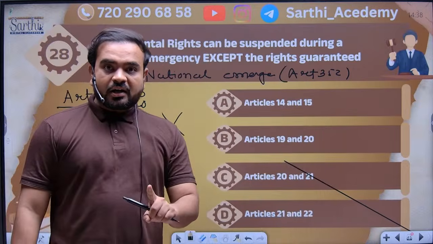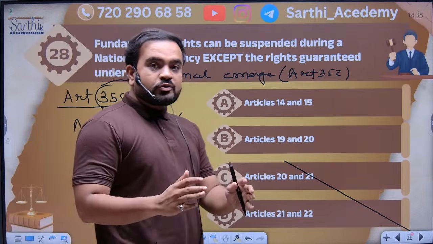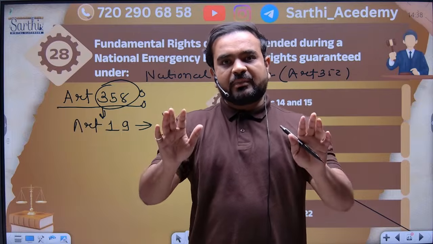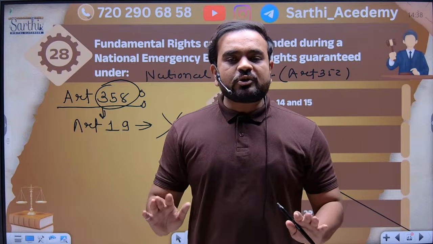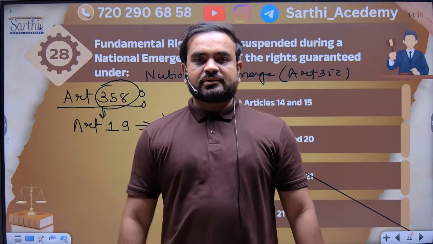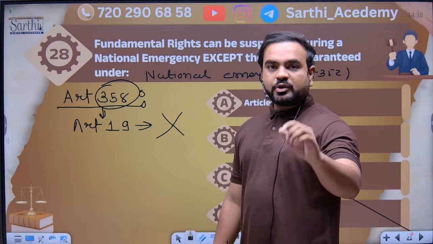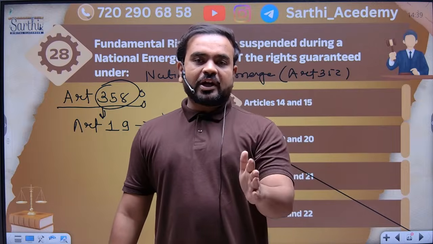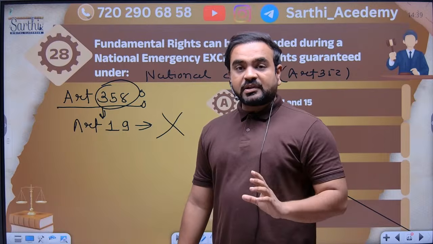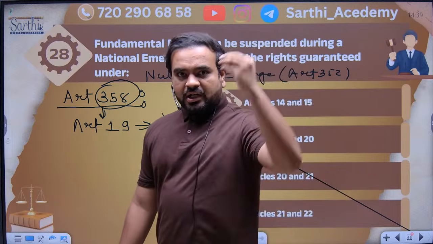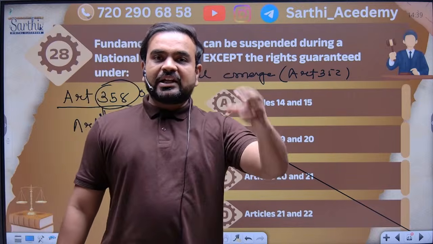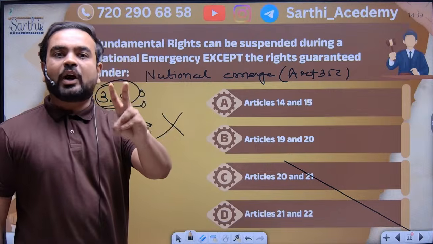And if the government wants to suspend more fundamental rights, it has the power to do so, but it has to do this by issuing orders. After issuing an order, they can repeal or suspend some fundamental rights.